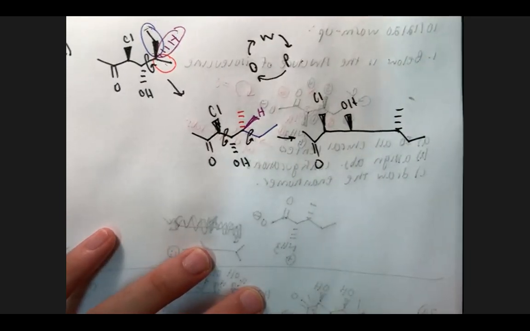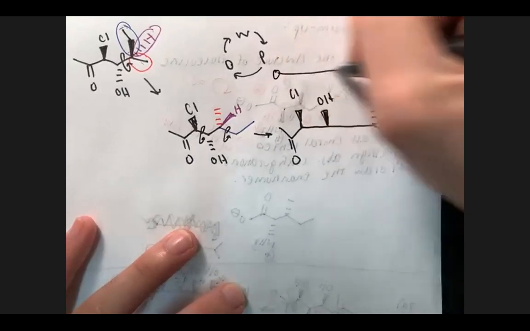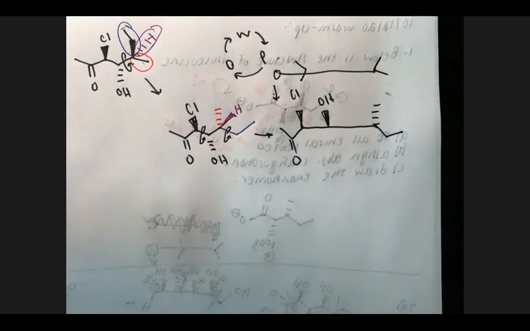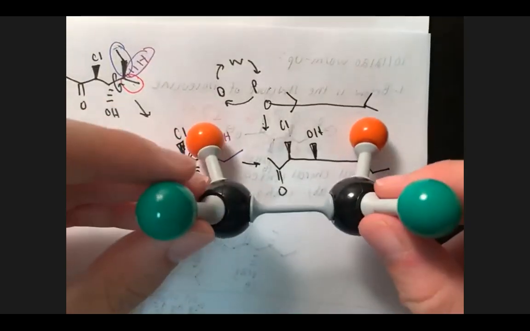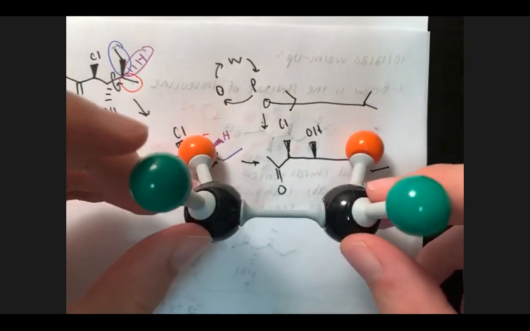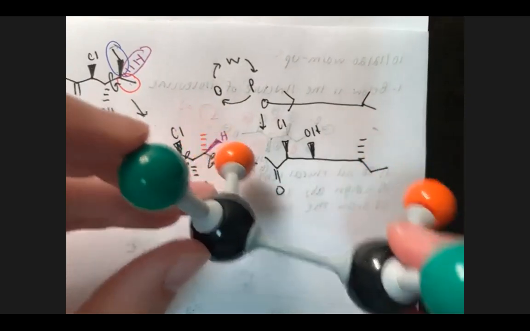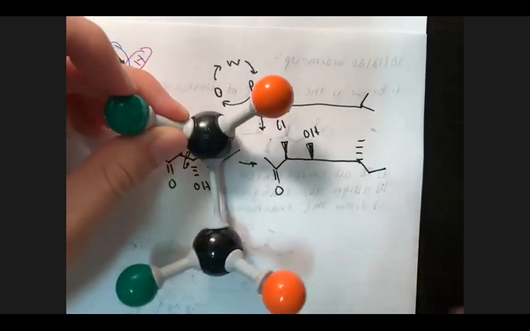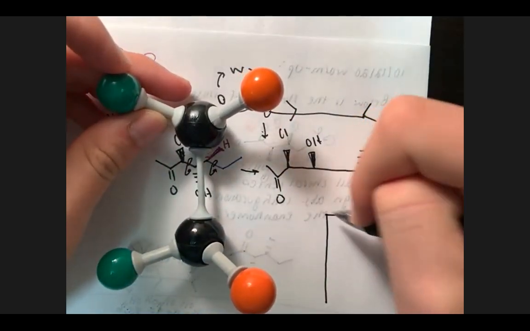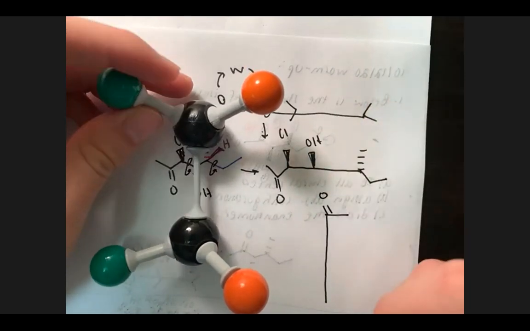Now put your head so that you're flying up here. You're going to look down. Again, for this situation, my wedges are the green spheres and the dashes are the orange spheres, and I had to translate it like that onto paper. So this is going to be my ketone up top.